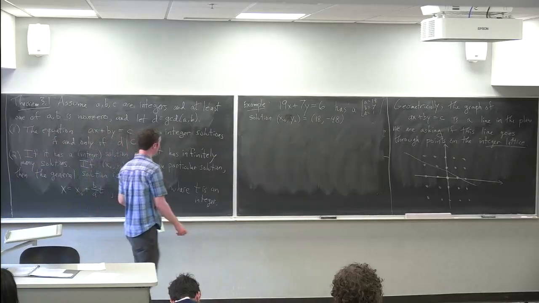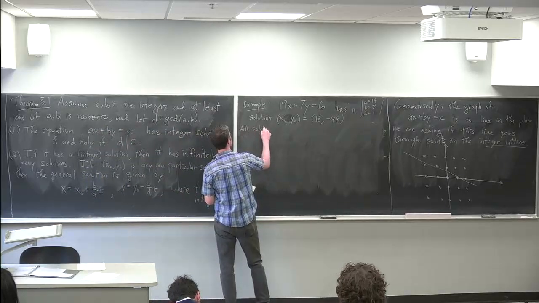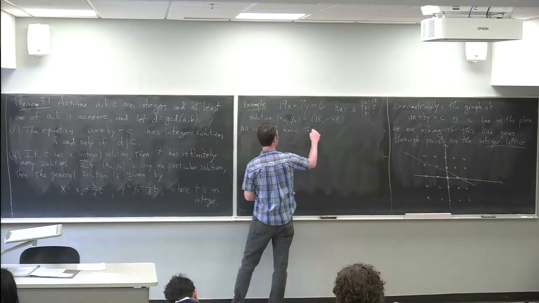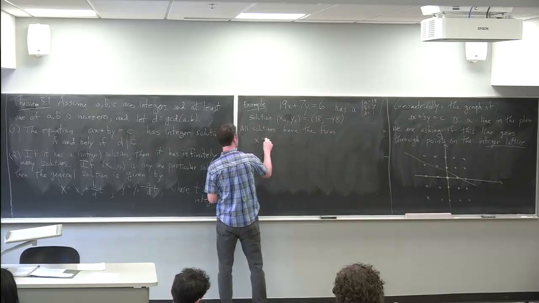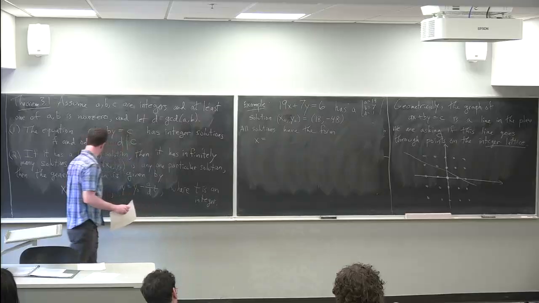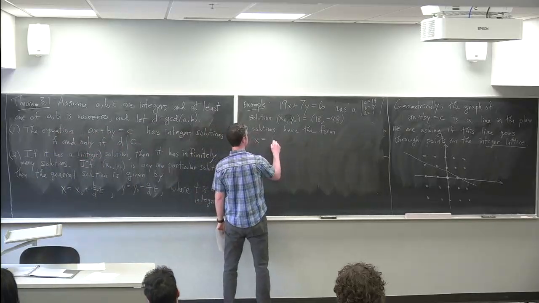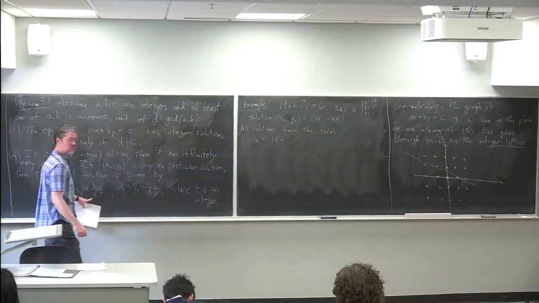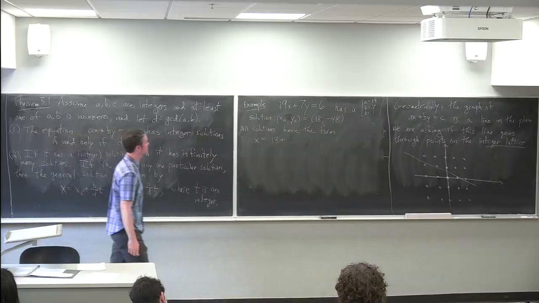Okay, so the general solutions are going to have the following form. x is going to look like x naught plus b over d times t. So x naught is 18, and d is 1 in our example, and b is 7.